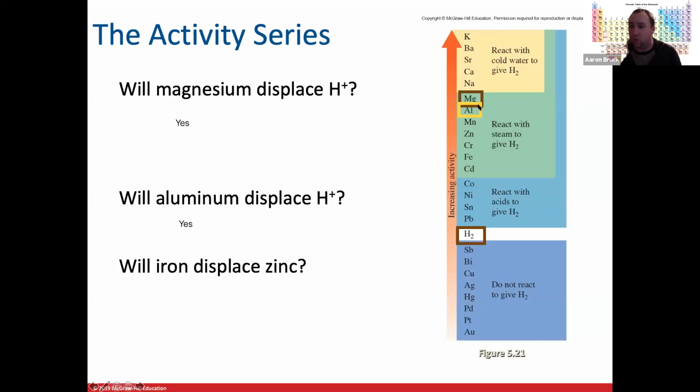No, it won't, because magnesium is higher on the list than aluminum is. Will iron replace zinc? Let's take a look at the list again. I have iron right here, and I've got zinc right here. Zinc is higher than iron, so the answer there is no.